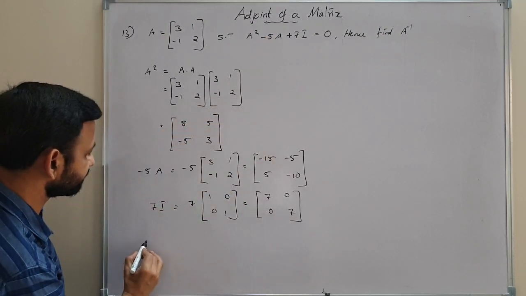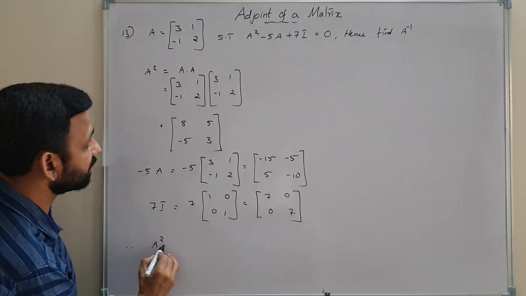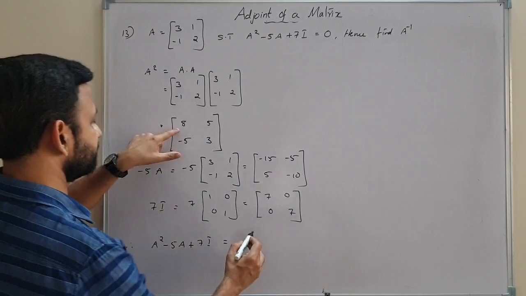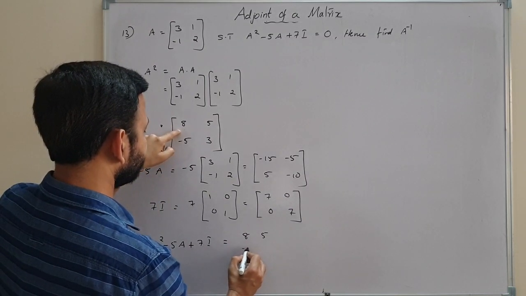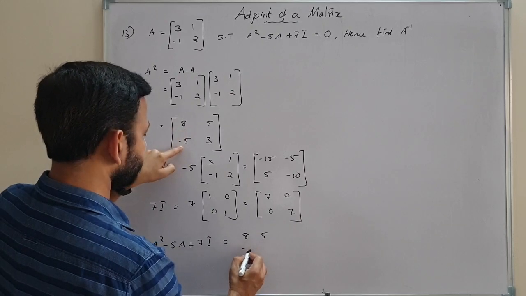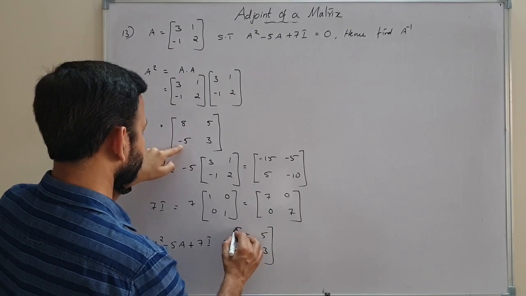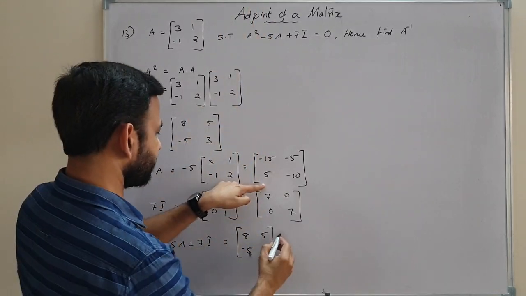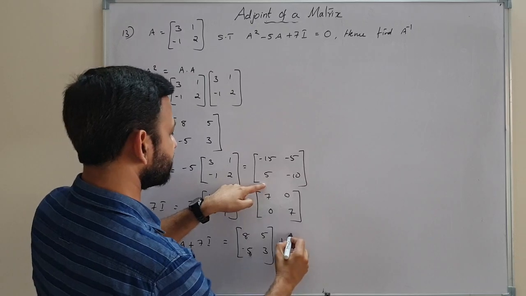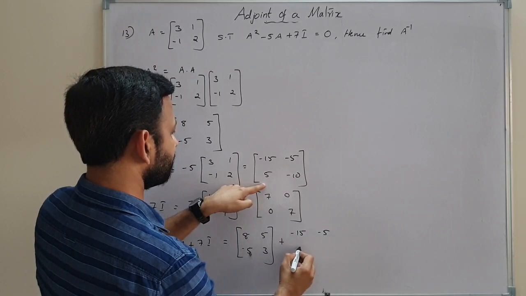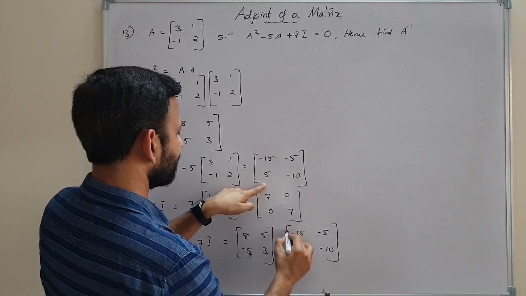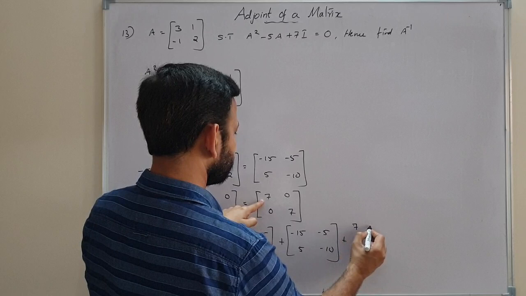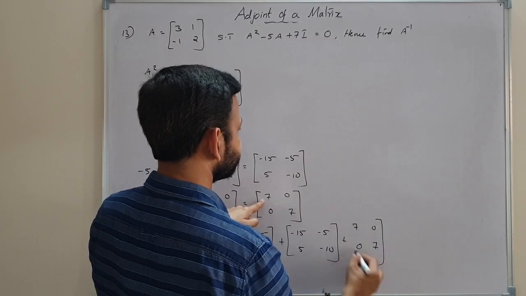So now, A square minus 5A plus 7I is equal to A square, 8, 5, minus 5, 3, plus minus 5A, that is minus 15, minus 5, 5, minus 10, plus 7I, that is this matrix, 7, 0, 0, 7.